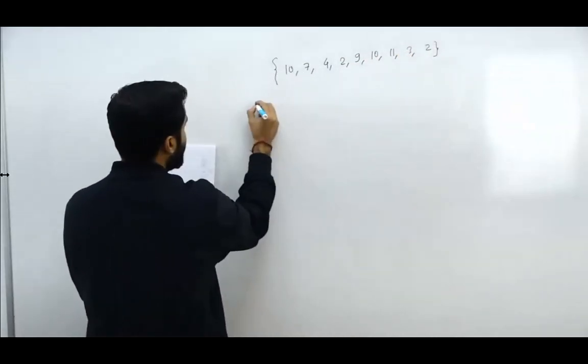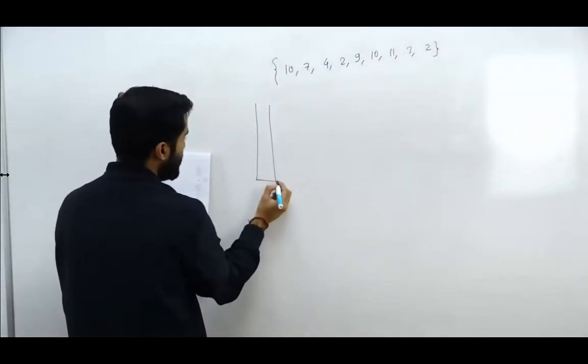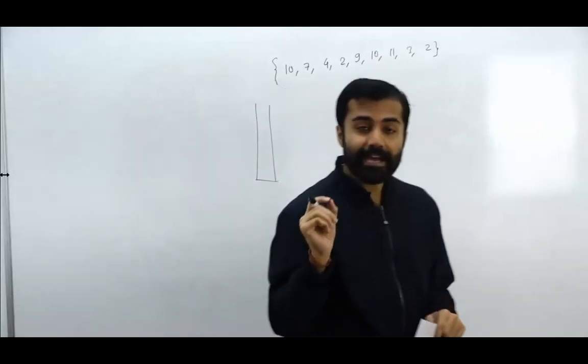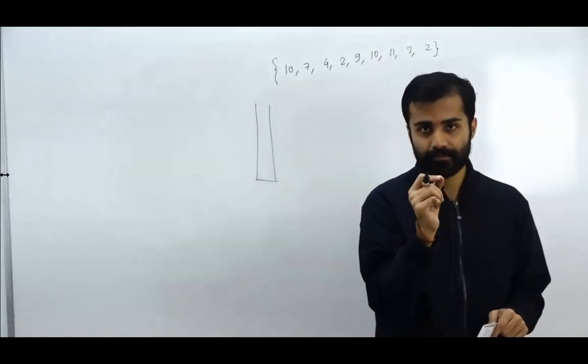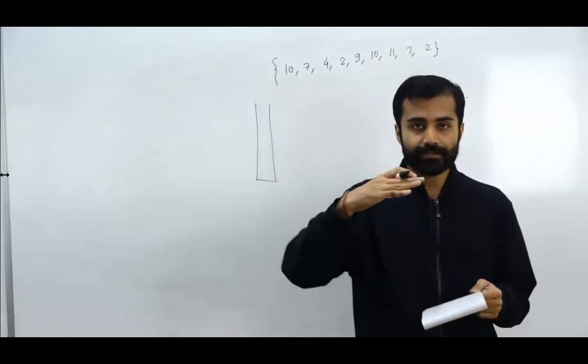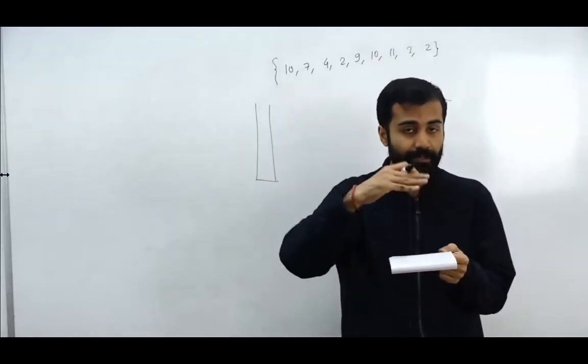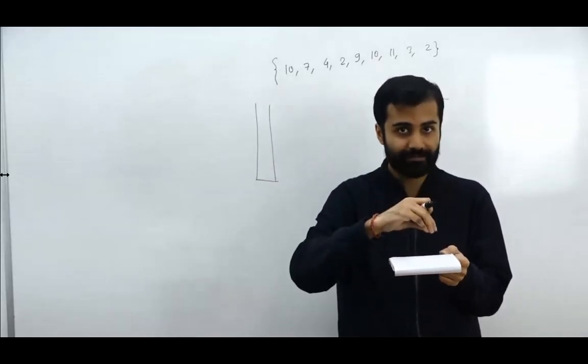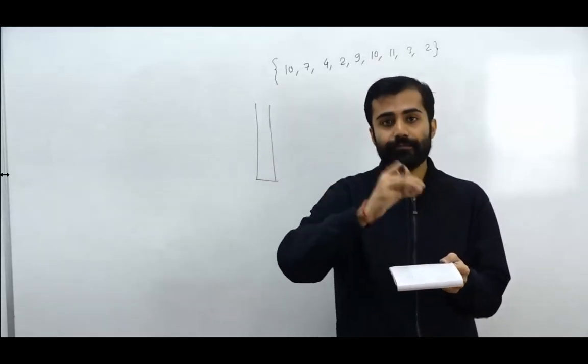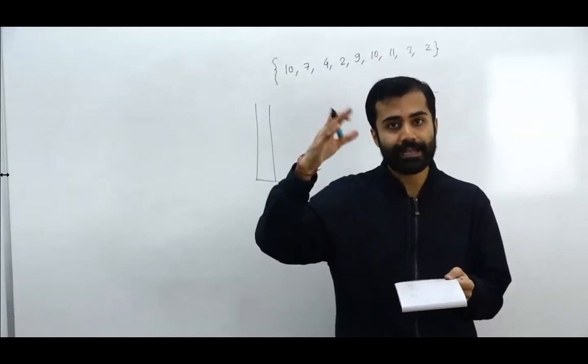Now, you take a stack and keep it in your mind. Your stack always should be sorted for this approach to work. Because in this approach, you stop popping the moment you see a greater element. And this idea is valid only if your stack is sorted.